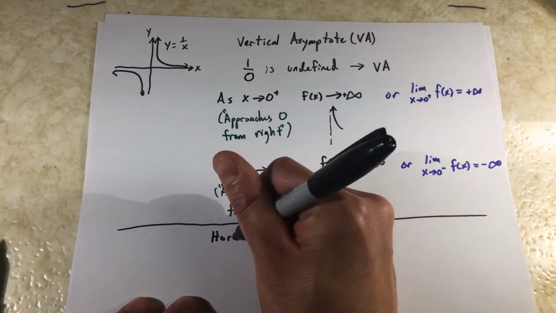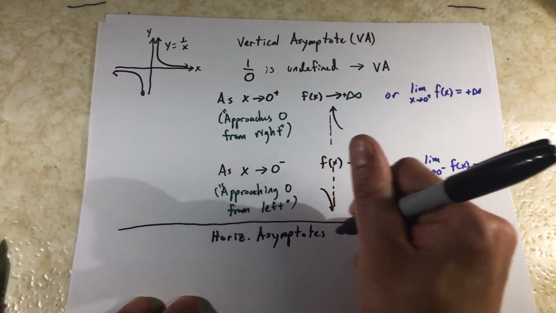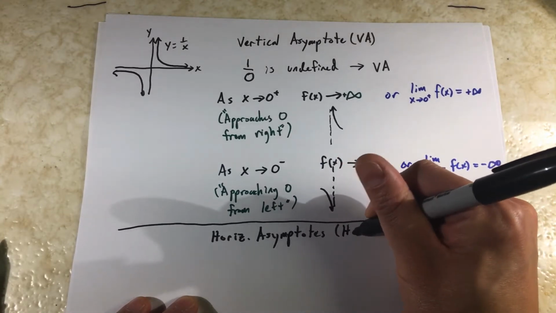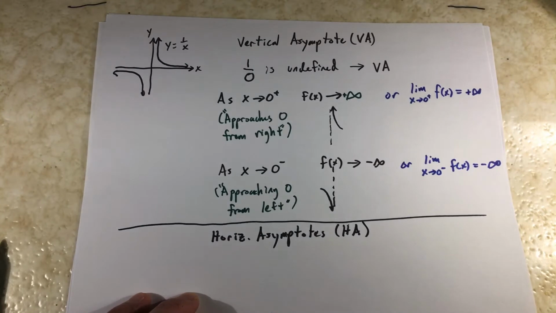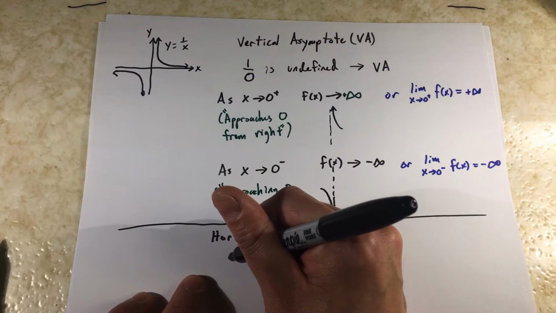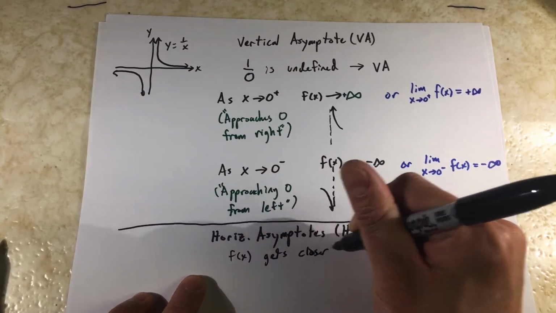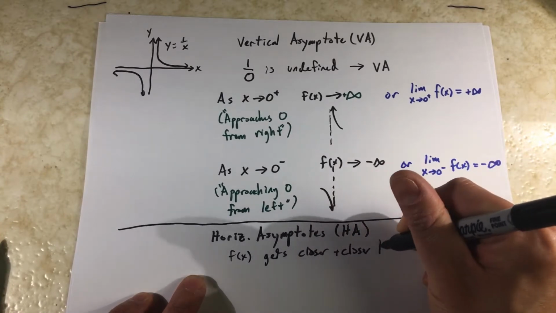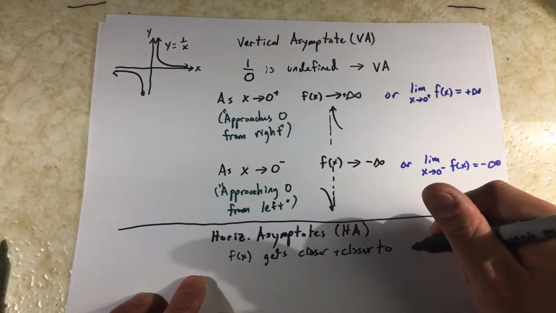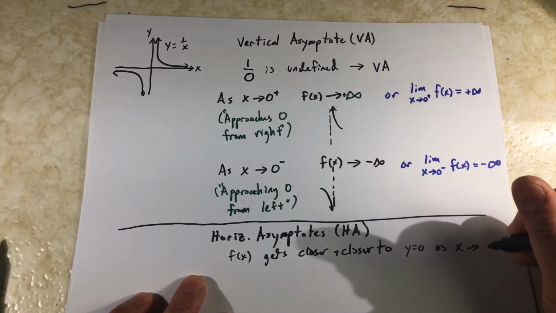Also, we have horizontal asymptotes. Okay. So horizontal asymptotes are where f of x gets closer and closer to y equals 0 in this case as x approaches infinity.